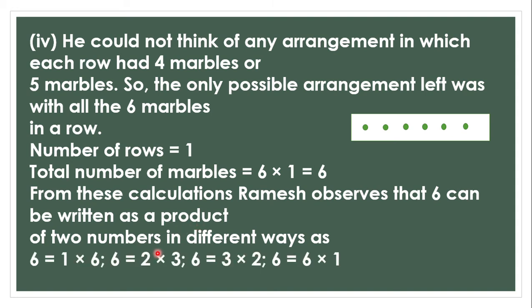In the first case it was 1 into 6. In the second case 2 into 3. In the third case 3 into 2. In the last case 6 into 1. So whichever two numbers you multiplied, you are left with 6. So 1 into 6 is 6, 2 into 3 is 6, 3 into 2 is 6, 6 into 1 is 6.